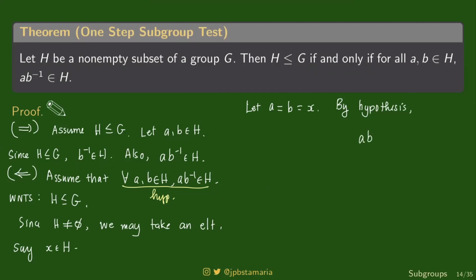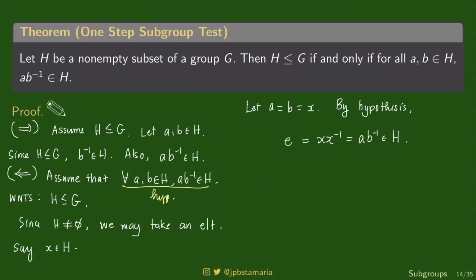Yung AB inverse, kasi yung A and B parehas X, nasa H yun. So, dapat yung AB inverse nasa H. Kaya lang sino ba si AB inverse? Siya si XX inverse, kasi si A at si B ginawa kong X. But what is XX inverse? It is E, di ba?